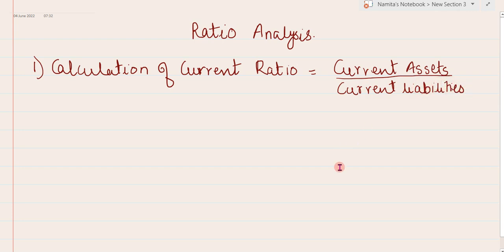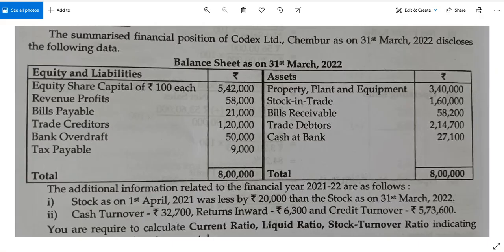Now in this question, on the asset side of the balance sheet, we need to identify first current assets, and in liabilities we need to identify current liabilities. Now in assets, first is property, plant and equipment, that is 3,40,000. This is not a current asset. Why? Because plant and property are fixed assets, so we cannot take 3,40,000 in the calculation of current assets.